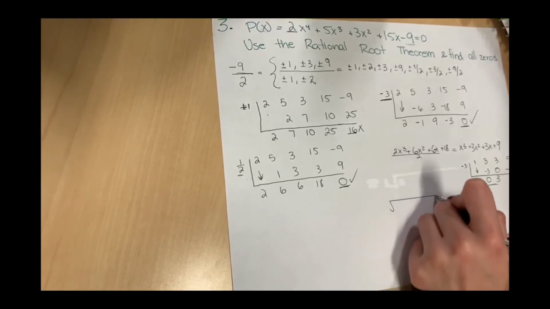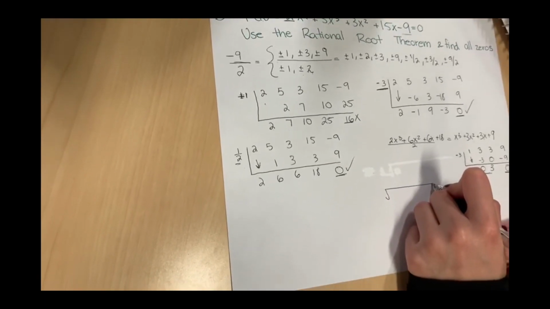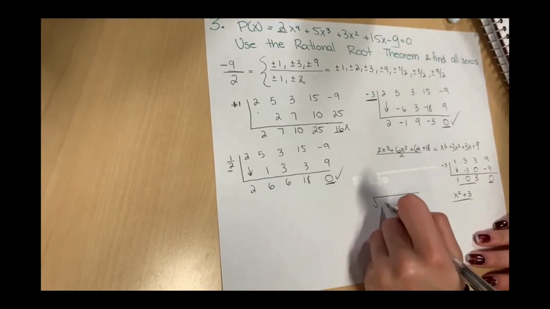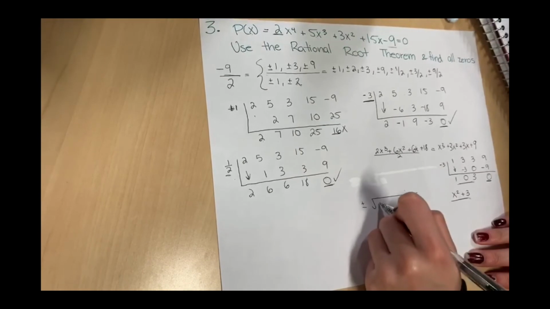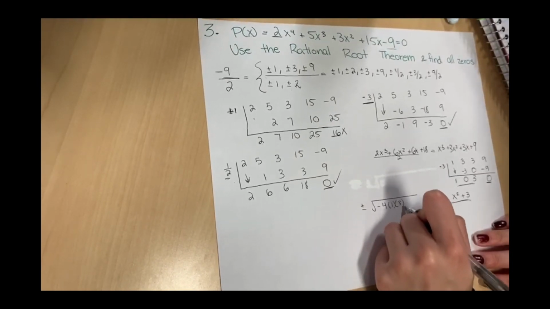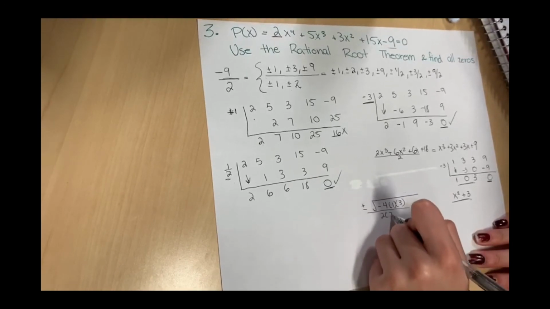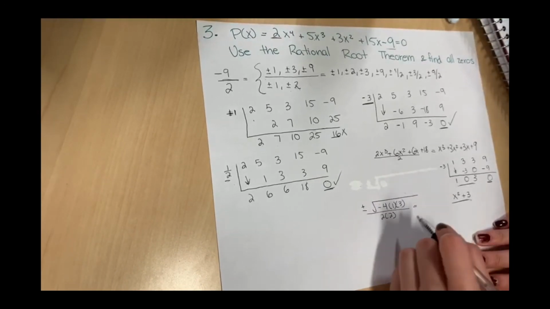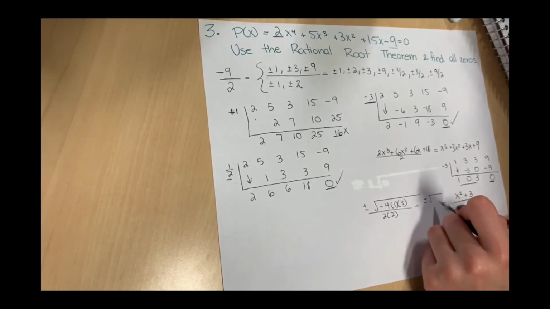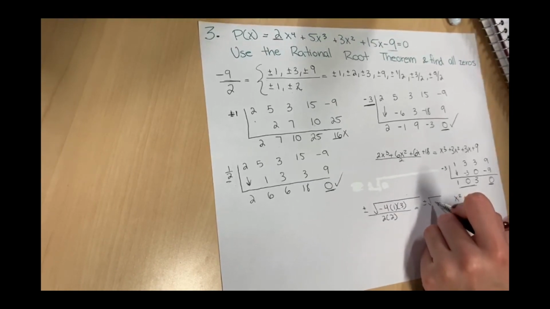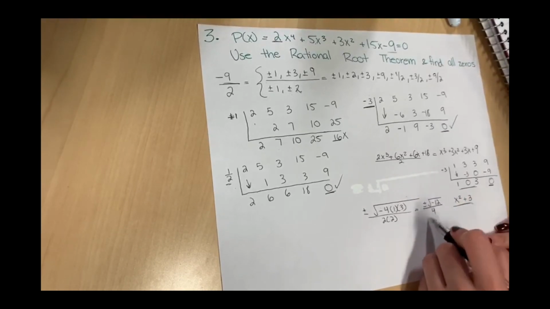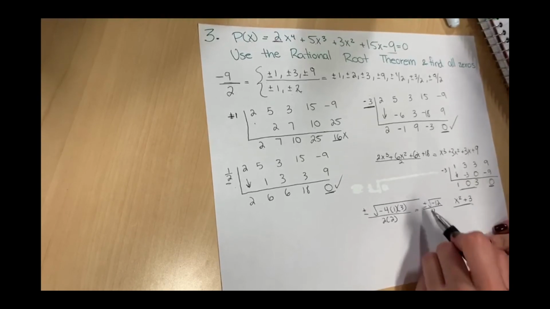Now, for the x^2 + 3, we're going to use the quadratic formula on that to try to get the other zeros as well. Once we plug everything in, it should be plus or minus the square root of negative 4 times 1 times 3, divided by 2 times 2, which would basically end up being plus or minus the square root of negative 12 over 4. But that won't be the end of it, because of course you cannot have a negative in the square root.